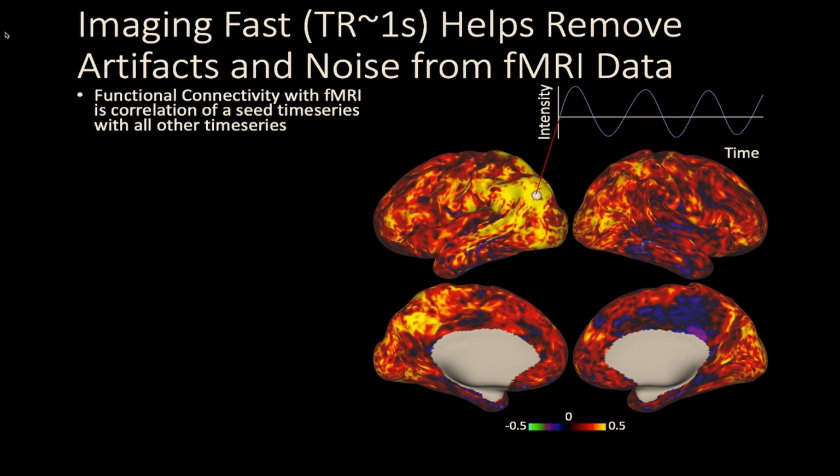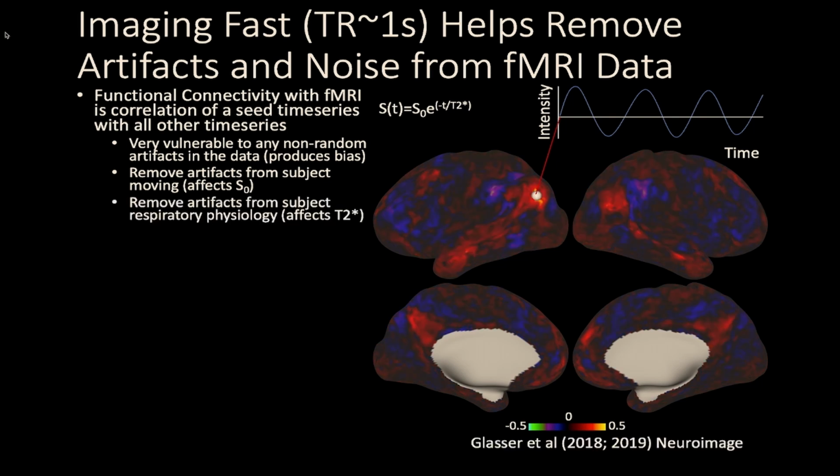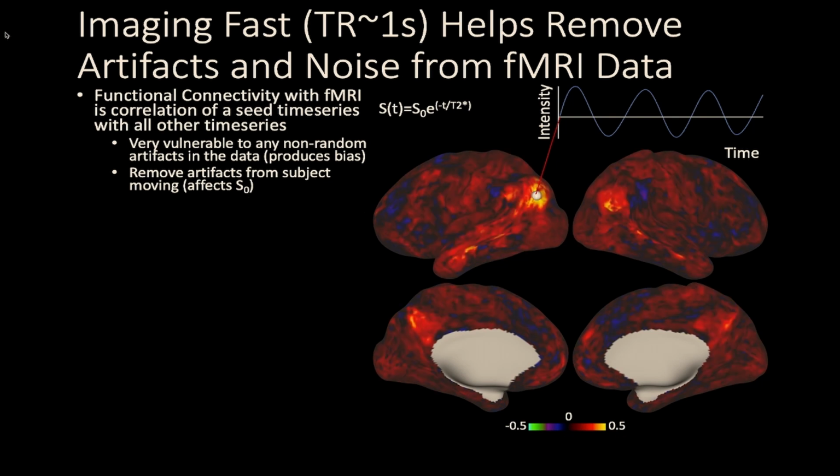Everything's correlated with everything. That's because functional connectivity analyses, these correlational analyses, are very vulnerable to any non-random artifacts in the data. If we remove the artifacts from the subject moving their head, we start to get something a bit more specific, with functional networks starting to peek out, but it's still sort of a biased appearance.